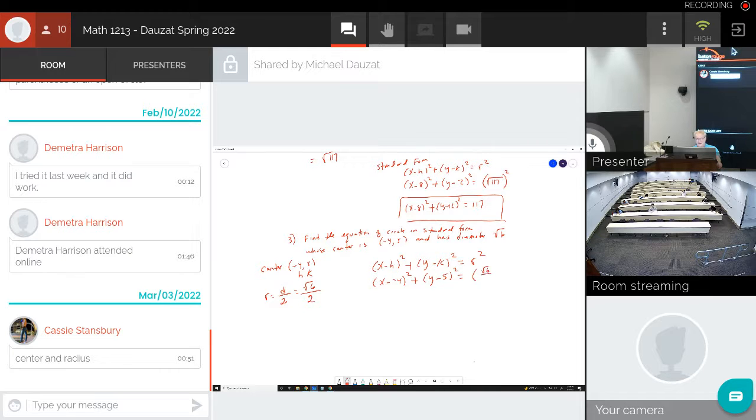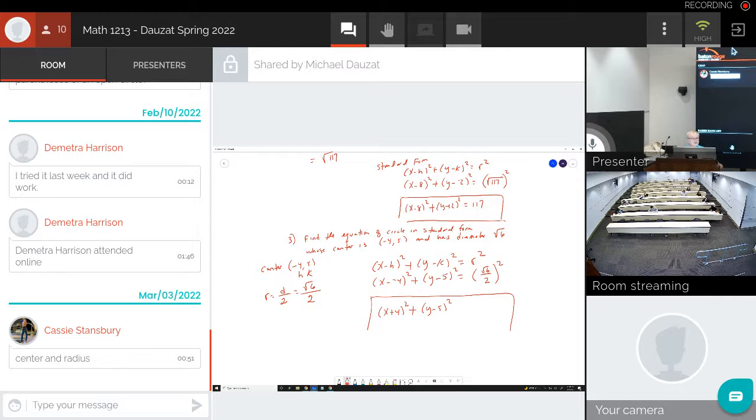Square root of 6 divided by 2. What do I do to that? Square it. So now the answer will be x plus 4 squared plus y minus 5 squared. And then I got to go off to the side and figure out what that radius squared is.